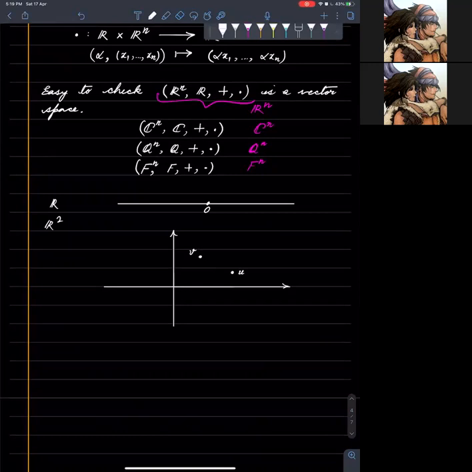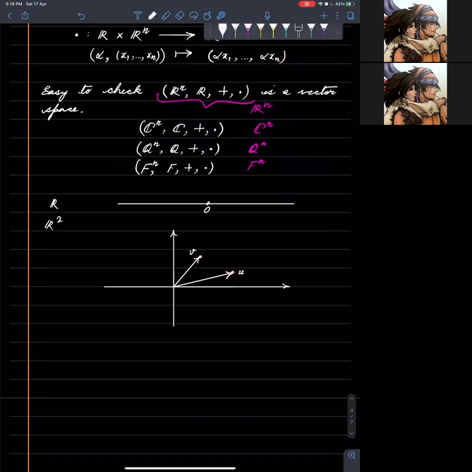But that's not the way we think of vectors. A vector, after all, is a point in R2. It's fine to associate this arrow to this point U. There's nothing wrong with it. But conceptually, the way we have defined things, this point itself is a vector. This point is a vector, this point is a vector, every other point here is a vector.